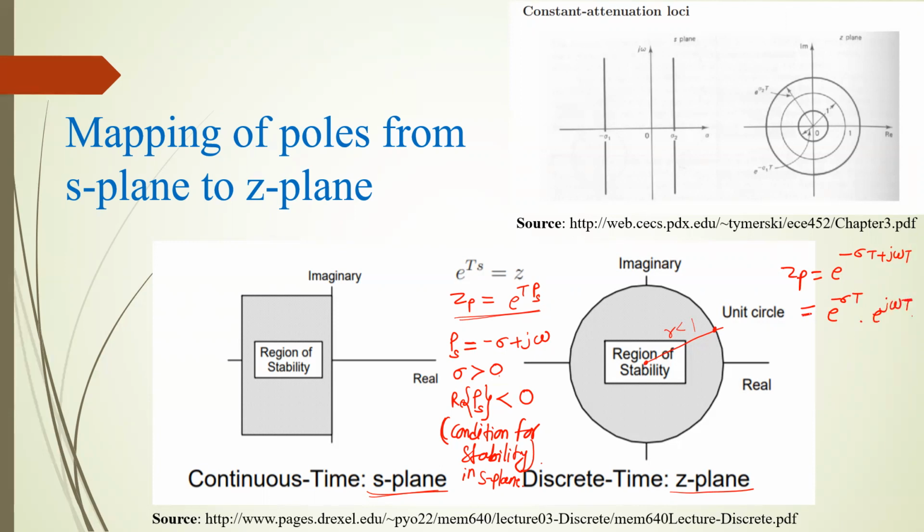You can notice that in polar representation, R times e^(j theta), the radius is equal to e^(-sigma T) and theta is equal to omega times T. Since the value of sigma is always positive for stability, the radius is always less than or equal to 1. So this is our condition for stability in the Z domain.